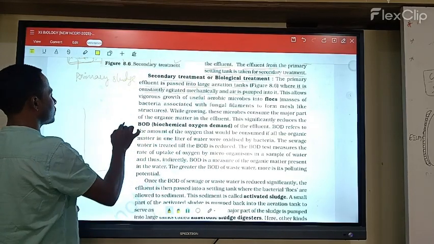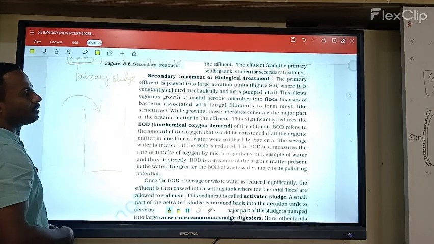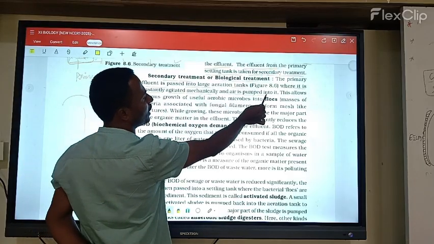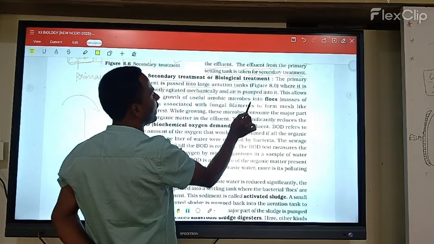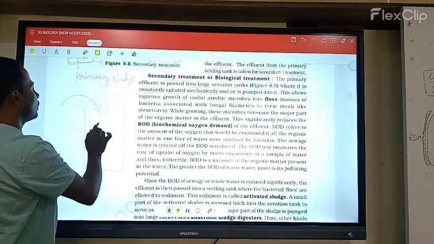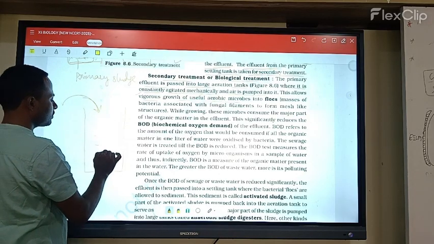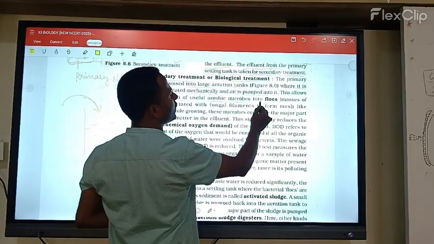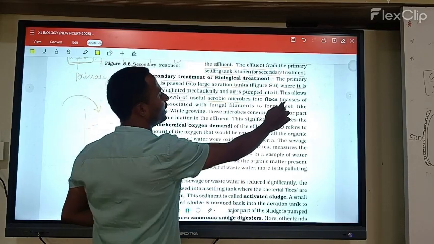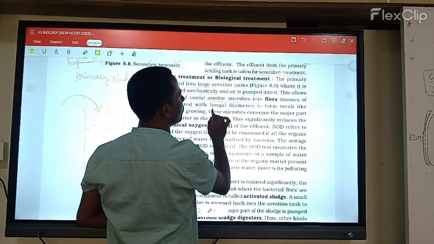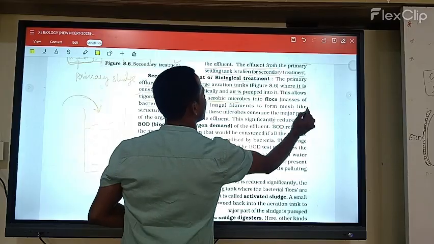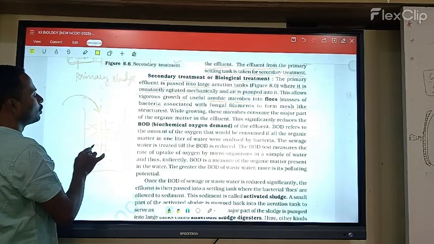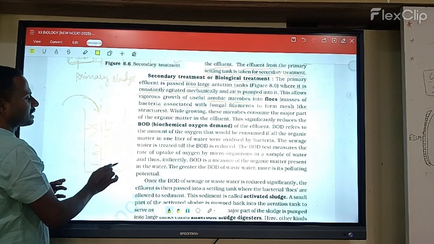This allows vigorous growth of useful aerobic microbes into flocs. Bacteria are added here, and as the flocs rotate, masses of bacteria associated with fungal filaments form mesh-like structures.